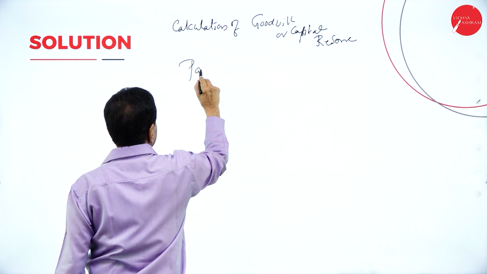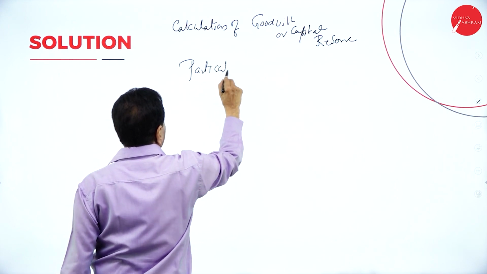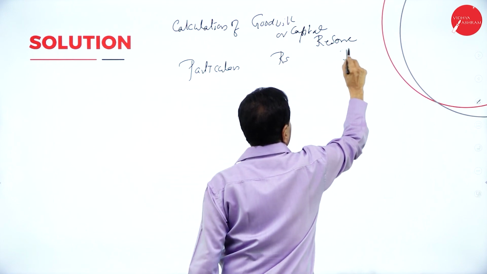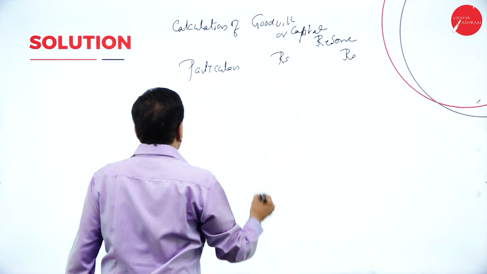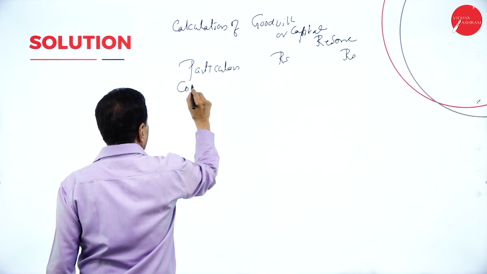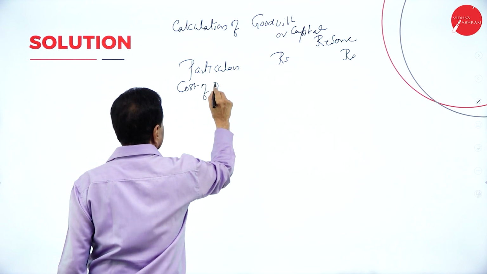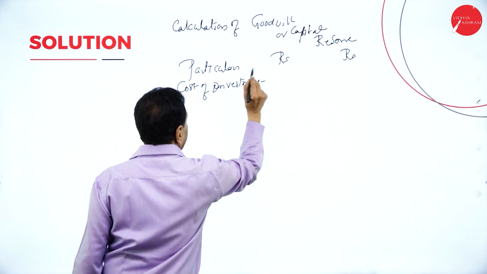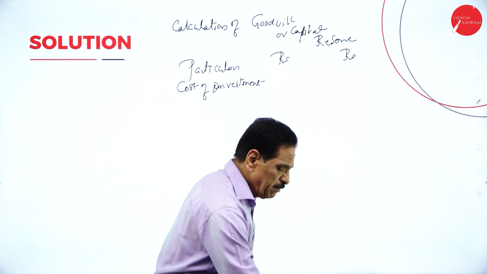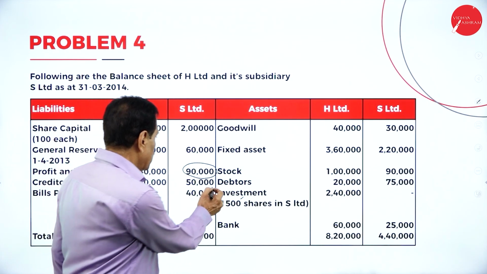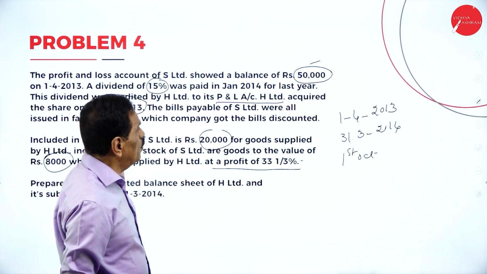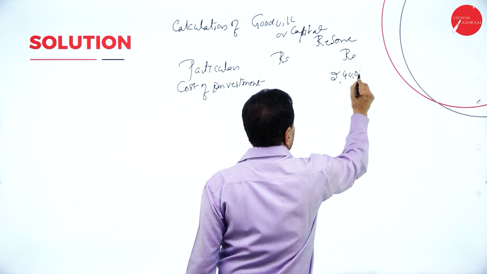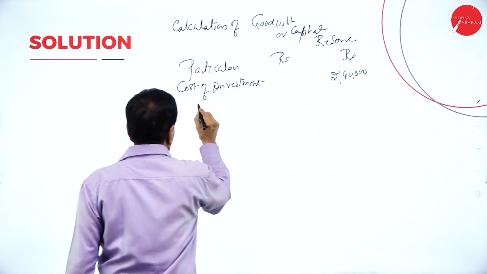Particulars. Cost of investment by H Limited. If you go to the balance sheet, you will understand. Here, what is the cost for 1,500 shares? 2,40,000, minus face value.